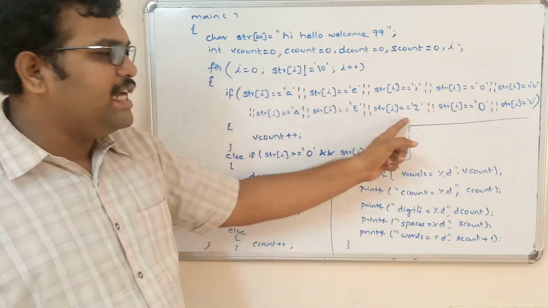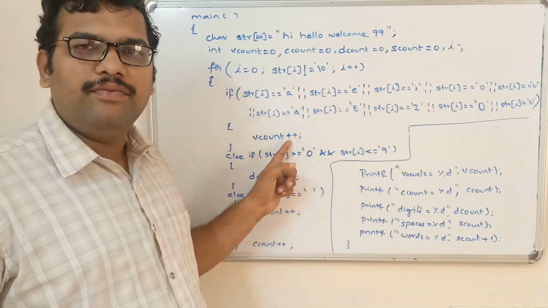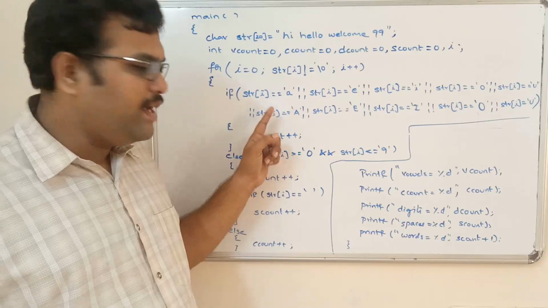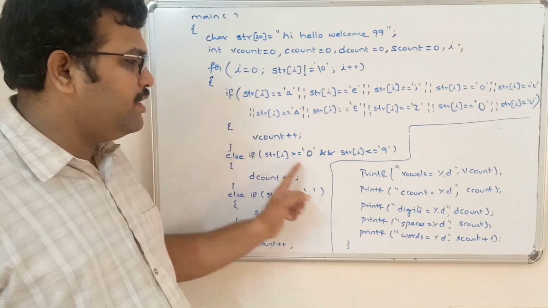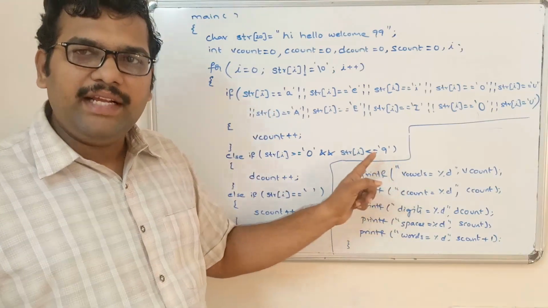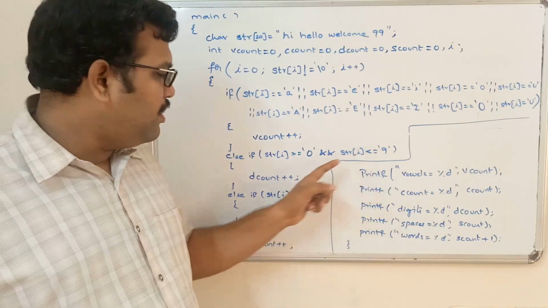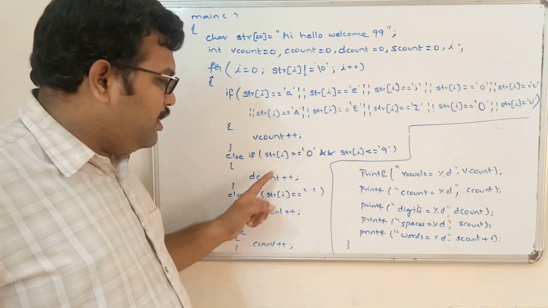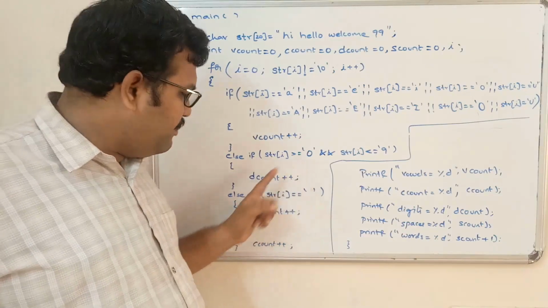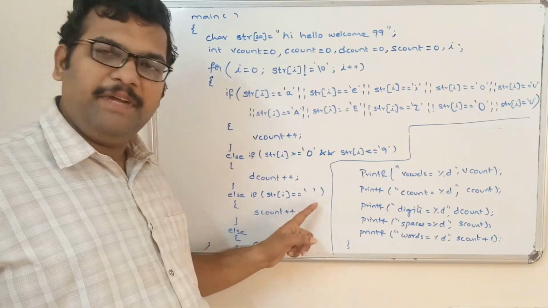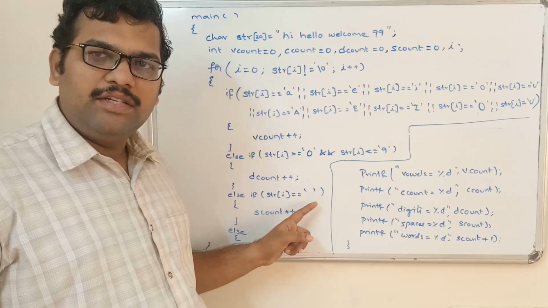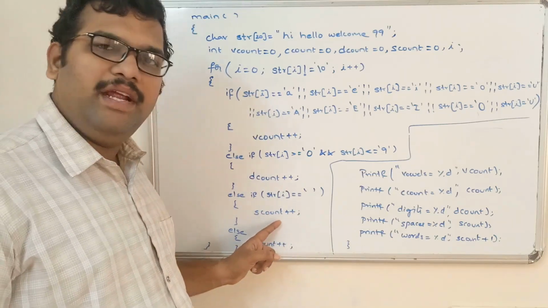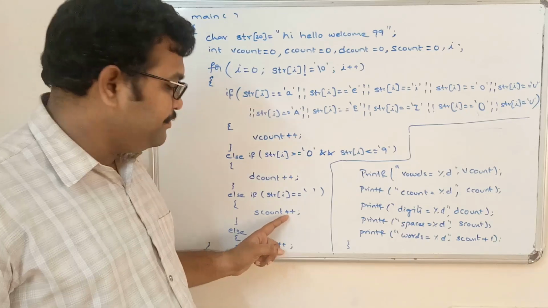And if it satisfies, automatically V count value will be incremented. If it doesn't satisfy, again that character will be checked with 0 to 9. If it satisfies, automatically D count will be incremented. If it is also not satisfied, again we have written the condition that space, a normal single space. So if it satisfies this condition, automatically this S count will be incremented.